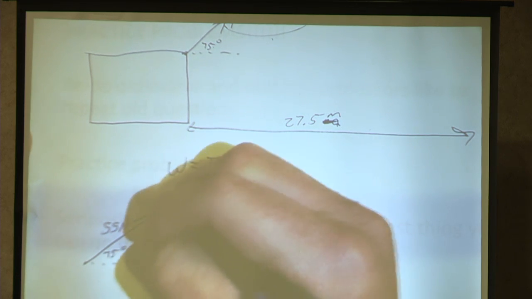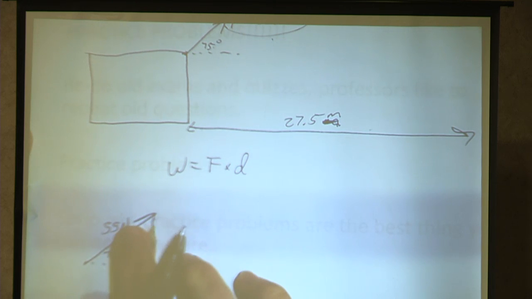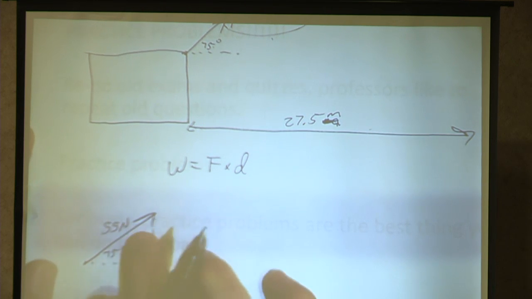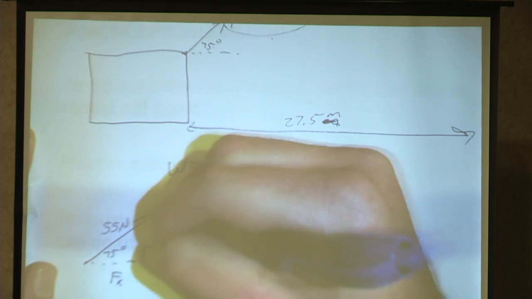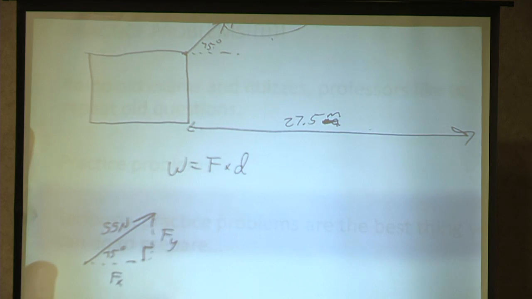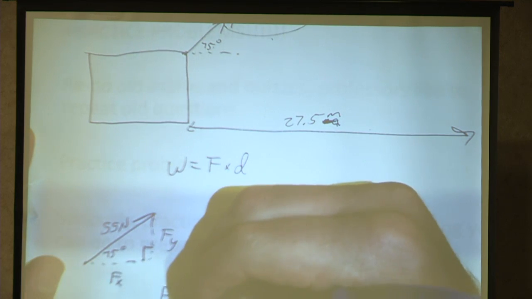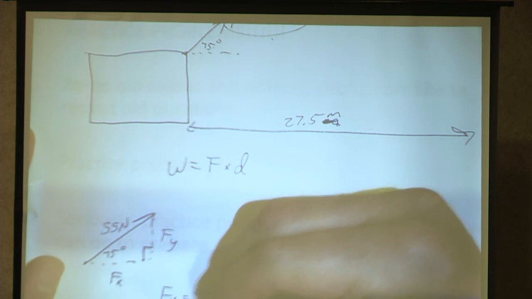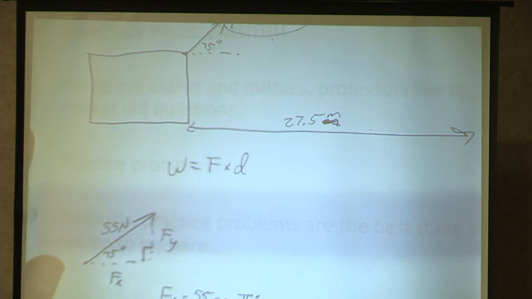And that is going to be 90 degrees because the 55 newtons is your hypotenuse. Always remember. And that will give us an Fx and an Fy. And then good old SOHCAHTOA tells us that Fx will equal 55 times the cosine of 75 degrees. Does everyone see how I got to that point?